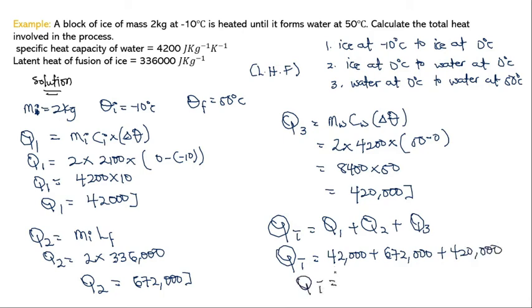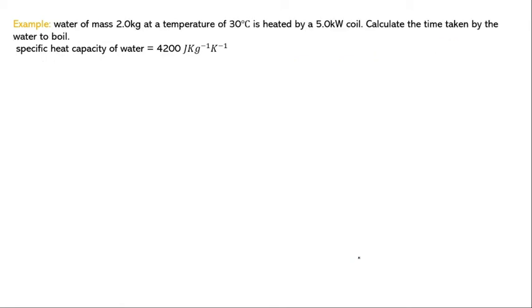So the total will be what? 1,134,000 joules of energy. So this is the total amount of energy needed in joules to convert an ice block of what? 2 kilograms at negative 10 degrees Celsius to water at 50 degrees Celsius. So let's proceed to look at another example.